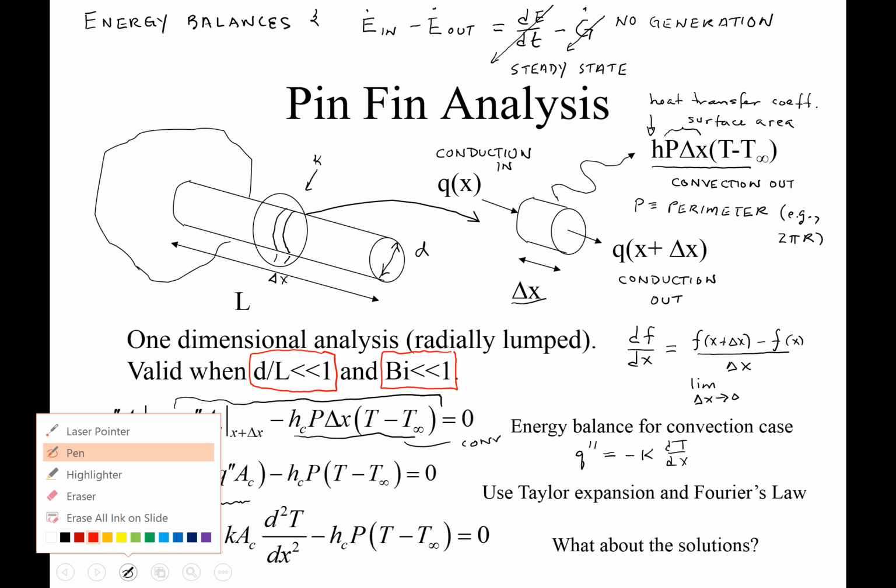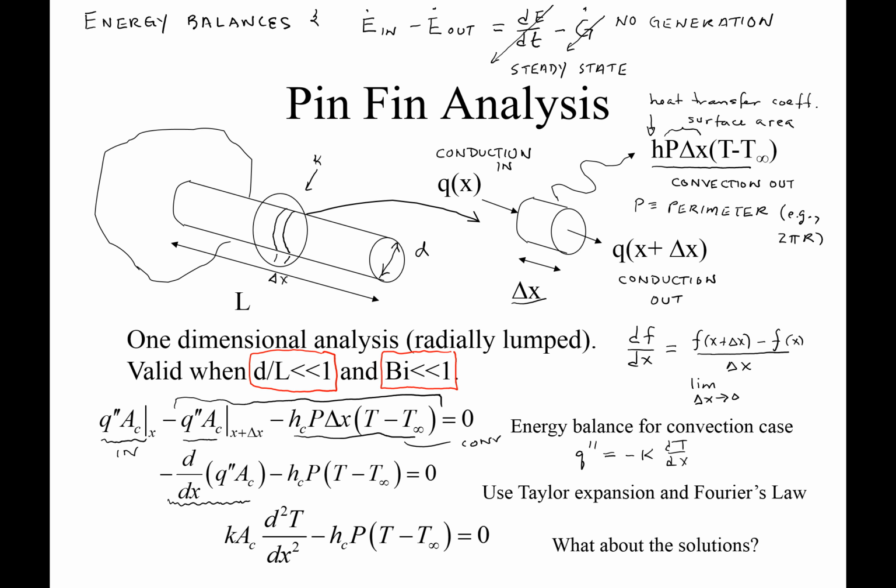And that statement about the Biot number, let's remind ourselves what the Biot number is up here in the top left. The Biot number is the heat transfer coefficient times a characteristic length scale, in this case the diameter, divided by the thermal conductivity. And the way we want to think about that is that it's a measure of the conductive resistance divided by the convective resistance.